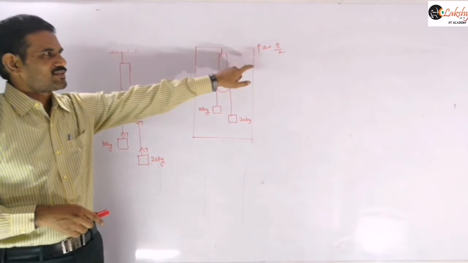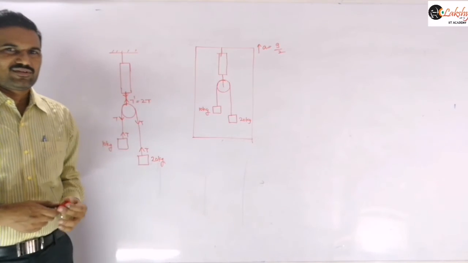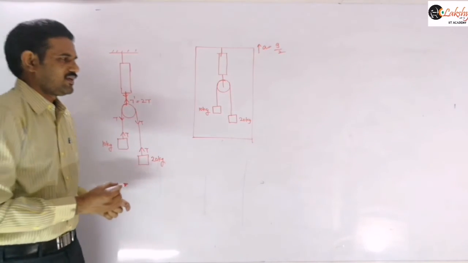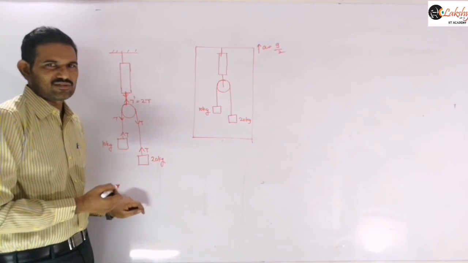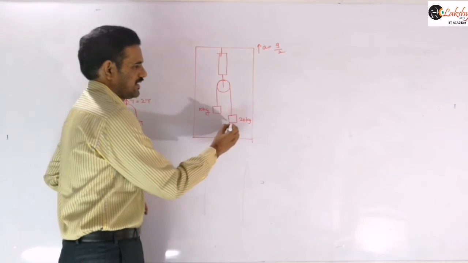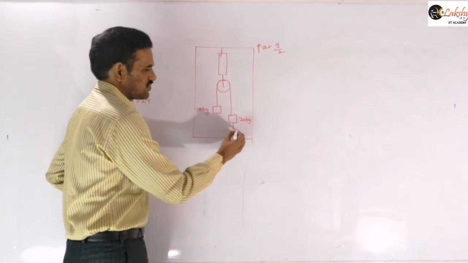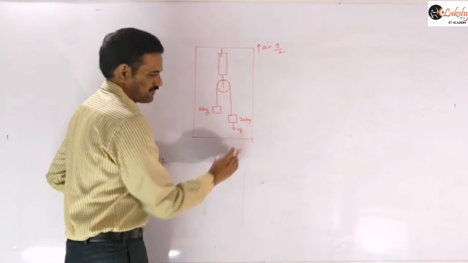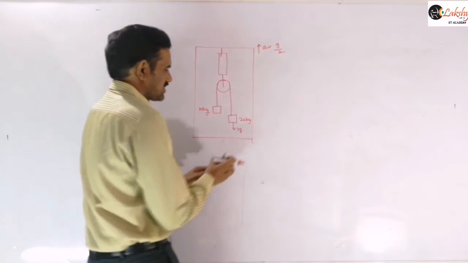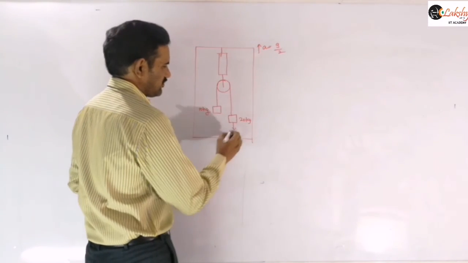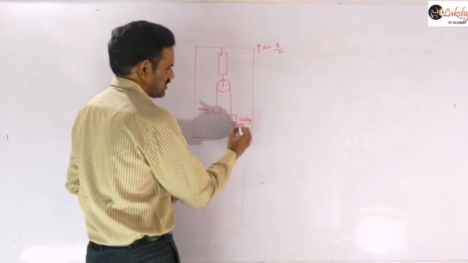But the only thing is the system is accelerating upwards. This we already discussed in our previous pseudo force discussions. Whenever the system is accelerating, the forces we need to consider here are 20g, the weight of the block.